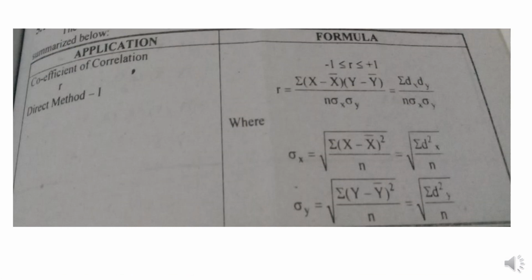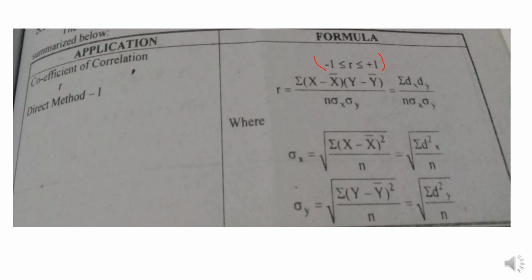So the first topic is the coefficient of correlation, how we find r, and what is the formula to find the coefficient of correlation. The values lie between -1 and +1, or we can say r lies between -1 and +1.